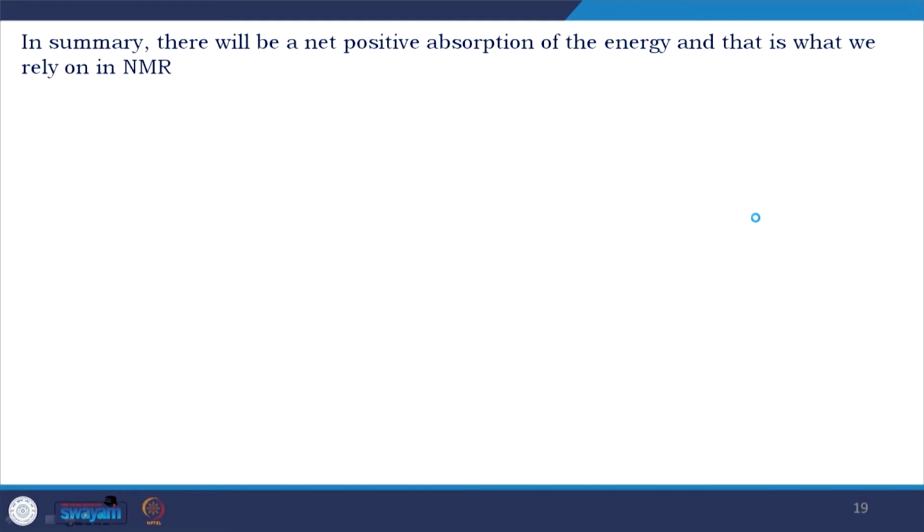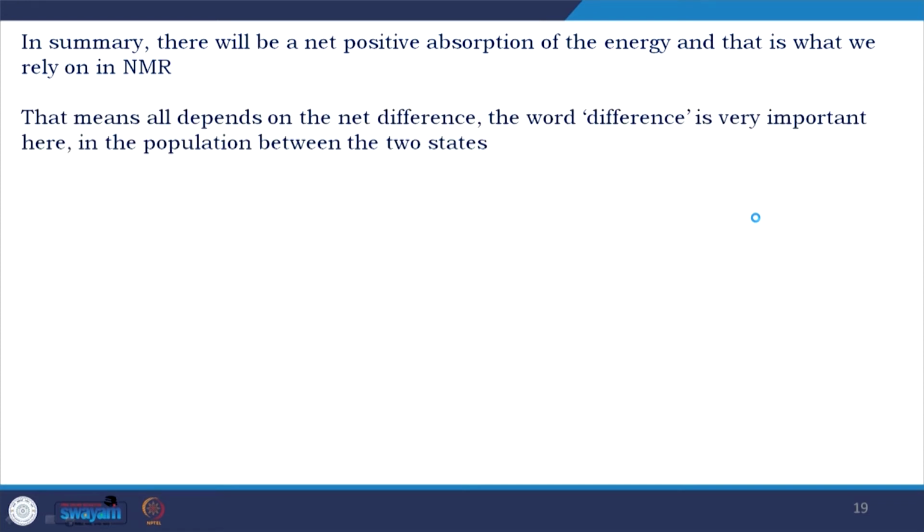In summary, there will be a net positive absorption of the energy, and that is what we rely on in NMR. That means all depends on the net difference. The word difference is very important here, in the population of the two states, the alpha and the beta state.